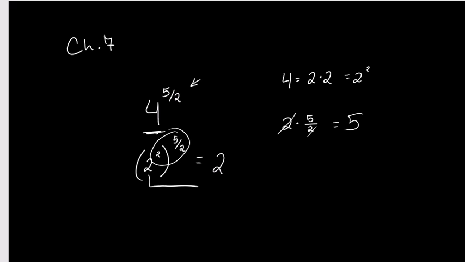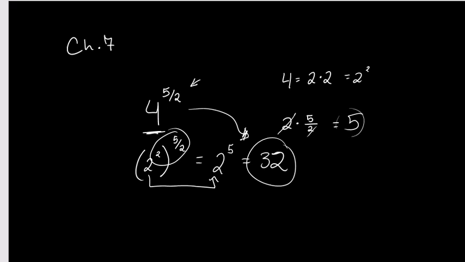You keep your base, and then the power you ended up with after the multiplication. So 2 to the 5th, and so your final answer would be 32 when you evaluate 4 to the 5 halves. And that's a very simple example of what we've been attempting to do.